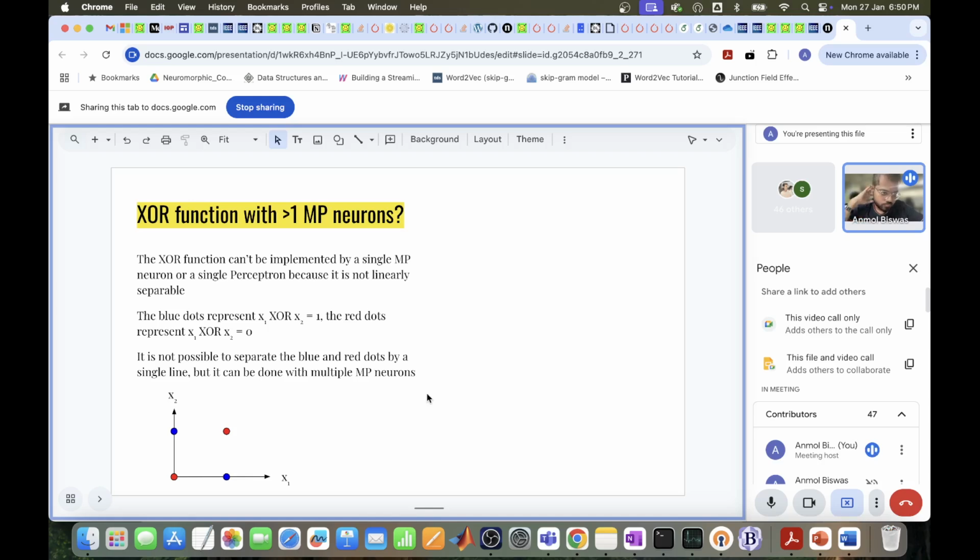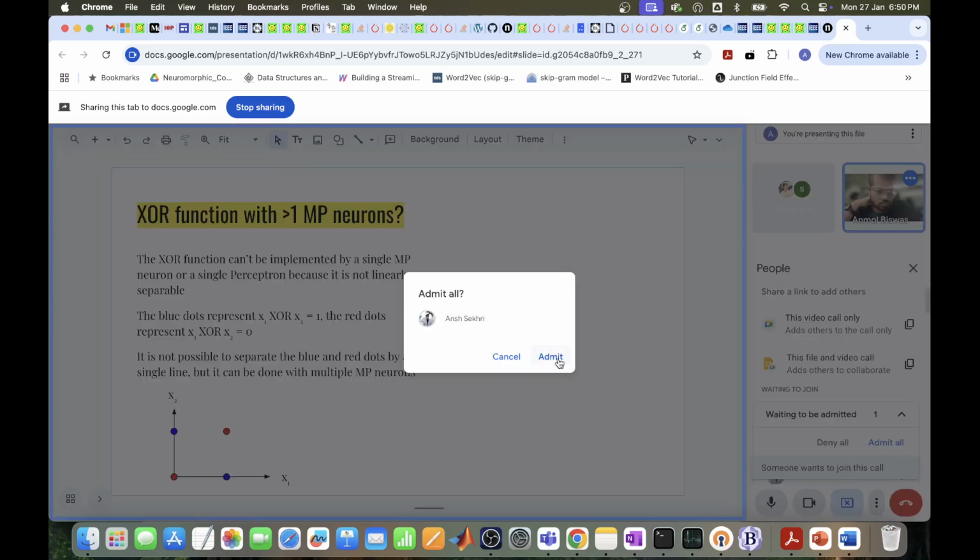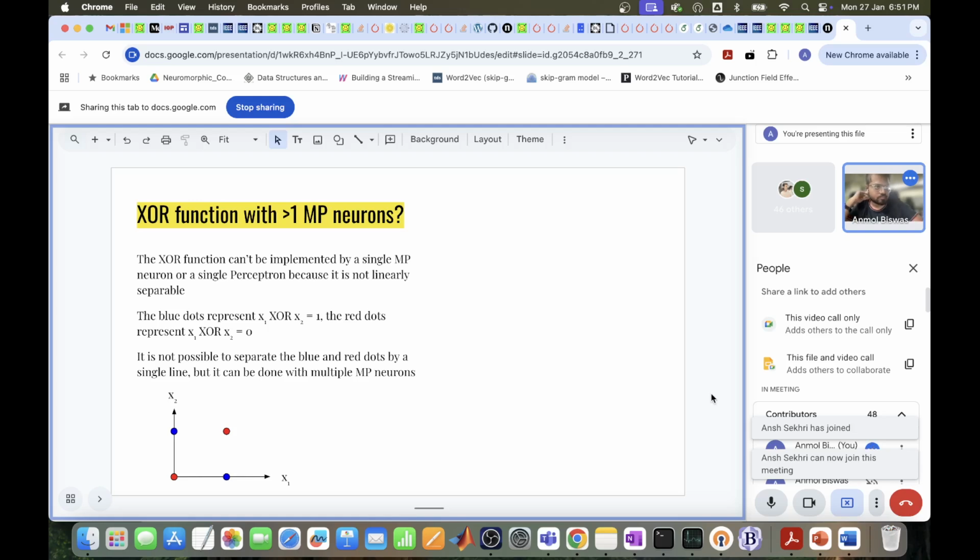The problem with these linear boundaries, of course, is that they can only divide classes when they are linearly separable. One example of a function that is not linearly separable is the XOR function, even with two inputs.